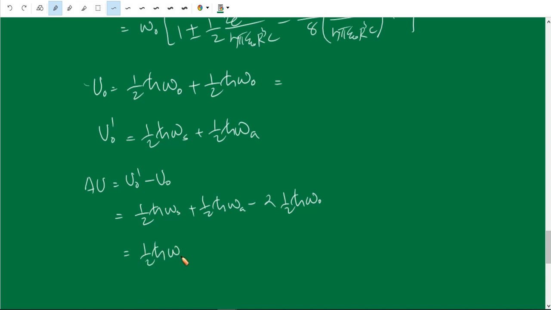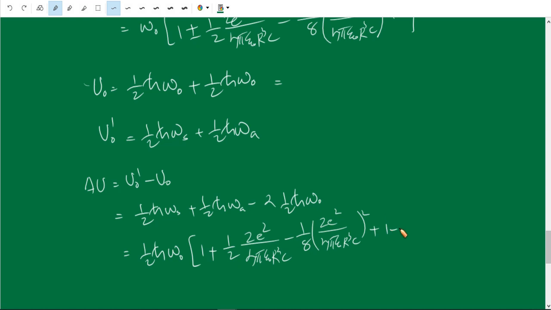which is equal to half h cross omega 0 into (1 plus half 2e square by 4 pi epsilon 0 r cube c minus 1 by 8 (2e square by 4 pi epsilon 0 r cube c) whole square, plus 1 minus 1 by 2 of 2e square by 4 pi epsilon 0 r cube c minus 1 by 8 of (2e square by 4 pi epsilon 0 r cube c) whole square) minus 2 into 1 by 2 h cross omega 0.